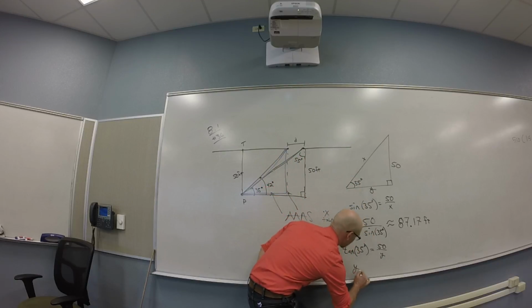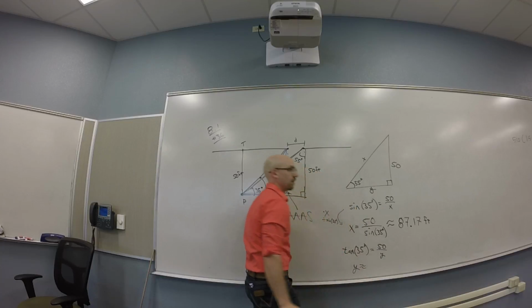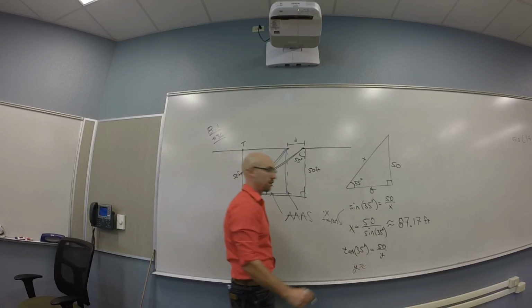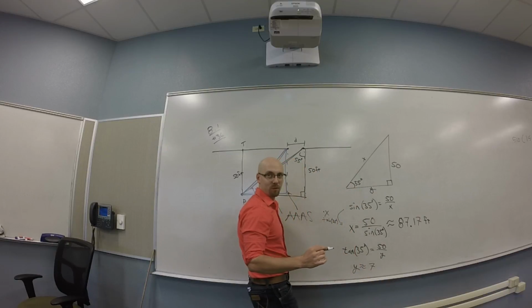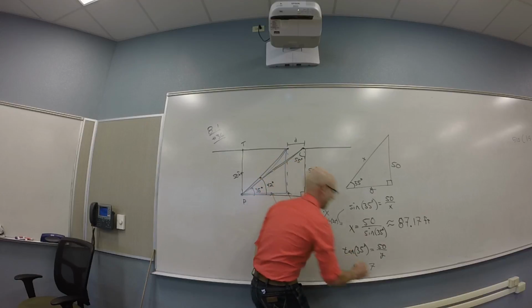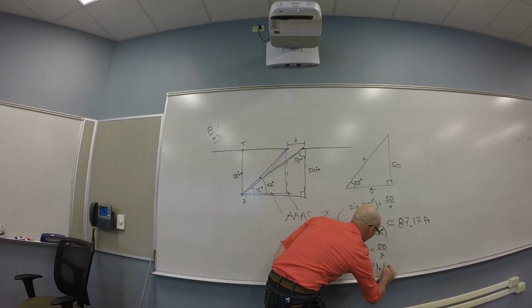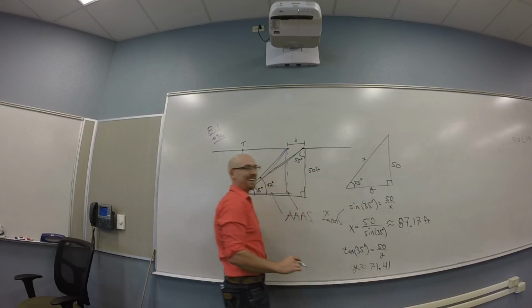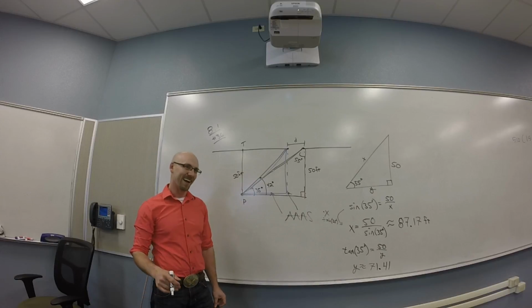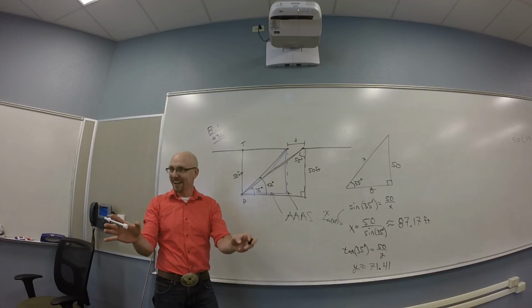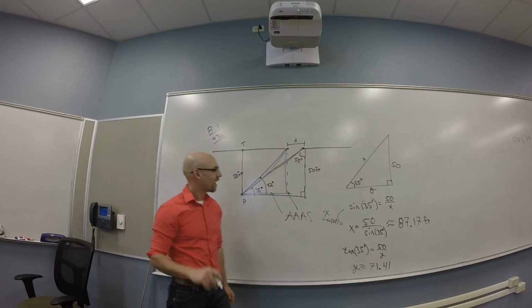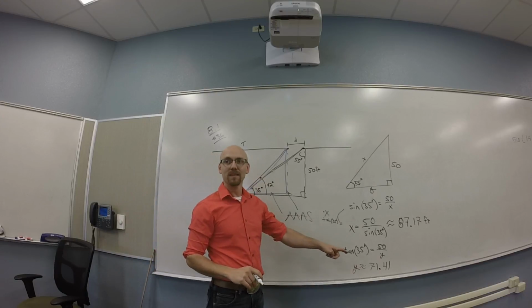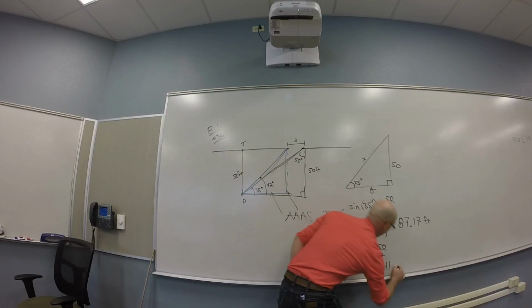I'm going to get y is approximately 71.41. This is not chemistry class. Your roundings do not matter here. What are the units on that one? Feet. Good.